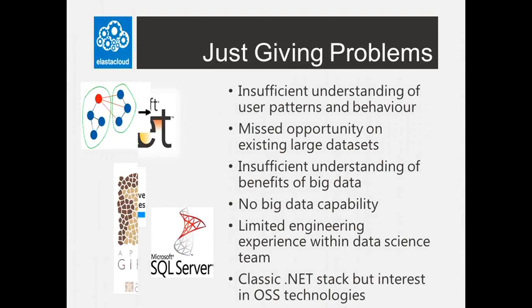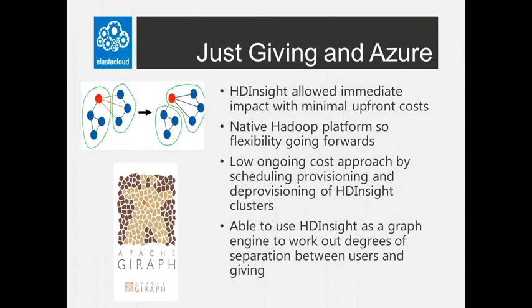Okay, so this was a very interesting project for us, because JustGiving's intent is to really understand how the users are reacting in a social context to these campaigns, and that involves creating graphs of users. So I'm sure many of you have heard of graph databases.